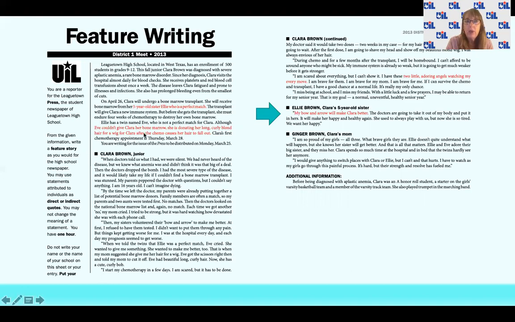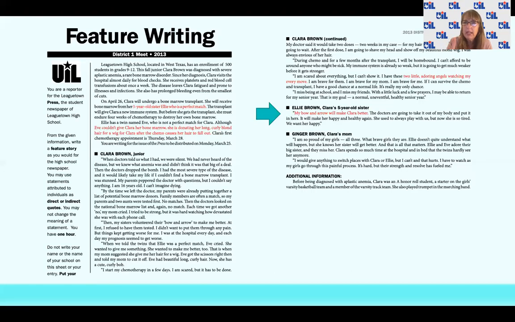I liked that one sister is giving her bone marrow and one sister is giving her hair, because she's not the perfect match. I also like the phrase Clara used to describe her sisters: two little adoring angels watching my every move. So those are the four things that really stuck out to me.